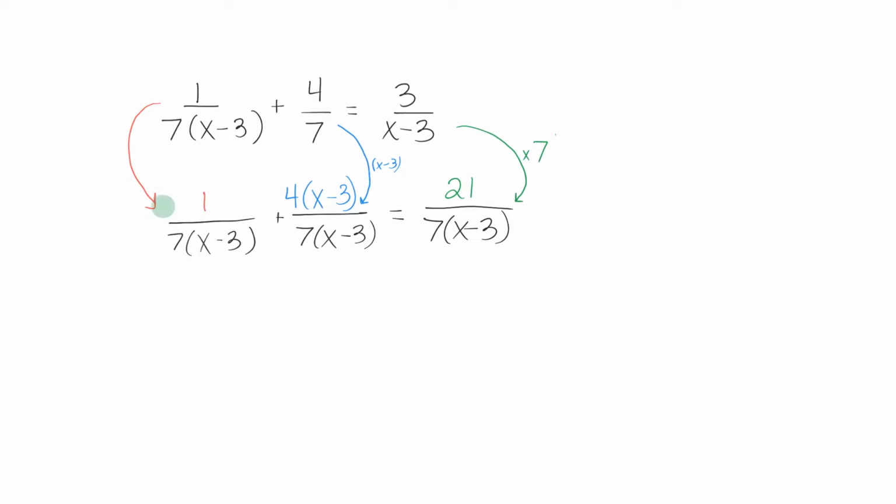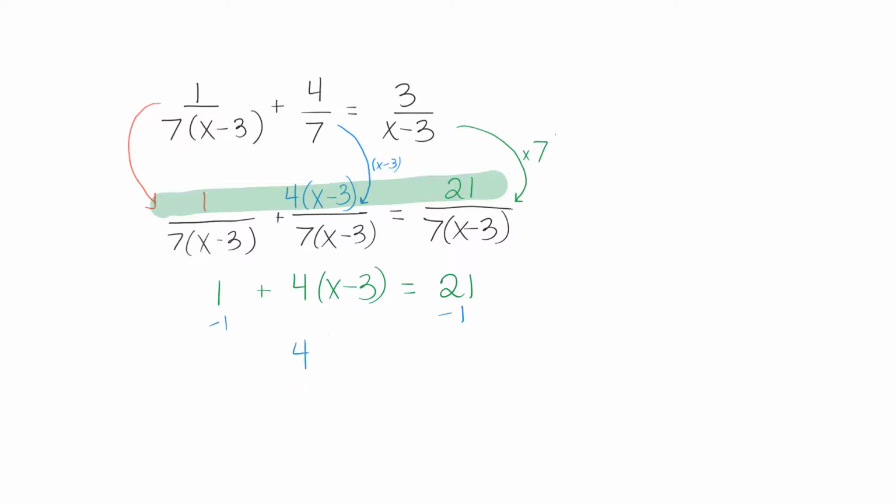Now we're going to isolate our numerators. So we're going to have 1 plus 4 times x minus 3 equals 21. Now you can distribute this 4 right off the bat if you'd like. It won't hurt a thing, or you can divide it out. Multiple ways to do that. I'm going to go ahead and subtract my 1, because now I'm solving for x.